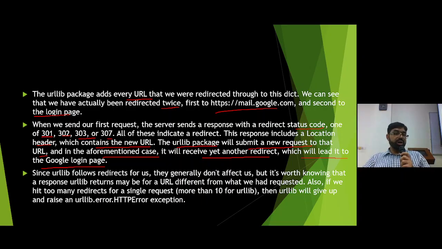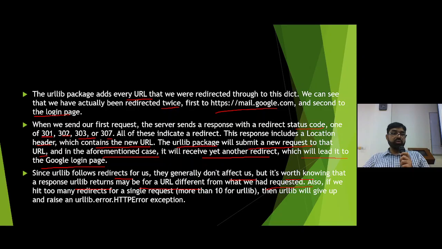Since urllib follows redirects for us, they generally don't affect us. But it's worth knowing that a response urllib returns may be from a URL different from what we had requested.